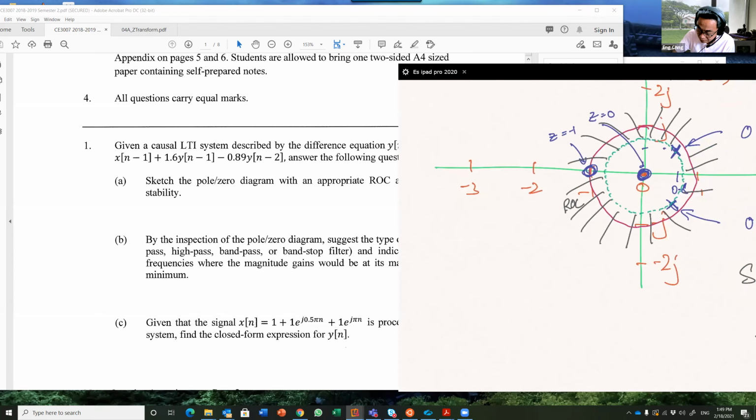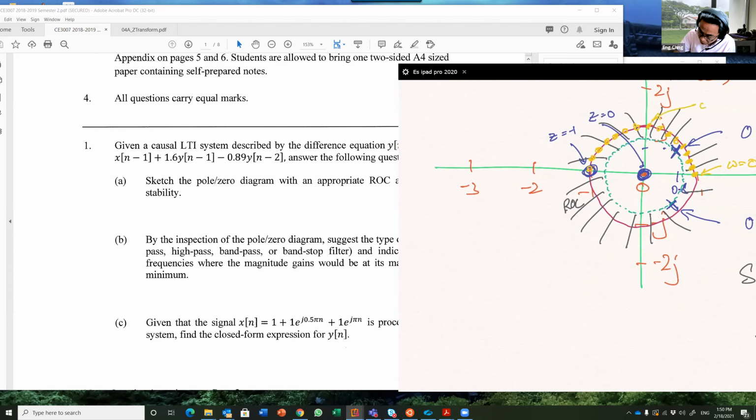Okay, what I'm going to show you is this. I'm going to trace along this line. Can you see my orange here? I'm going to trace along this line, which is on the unit circle. And you realize that I have started from omega equals 0, and then I move anti-clockwise.